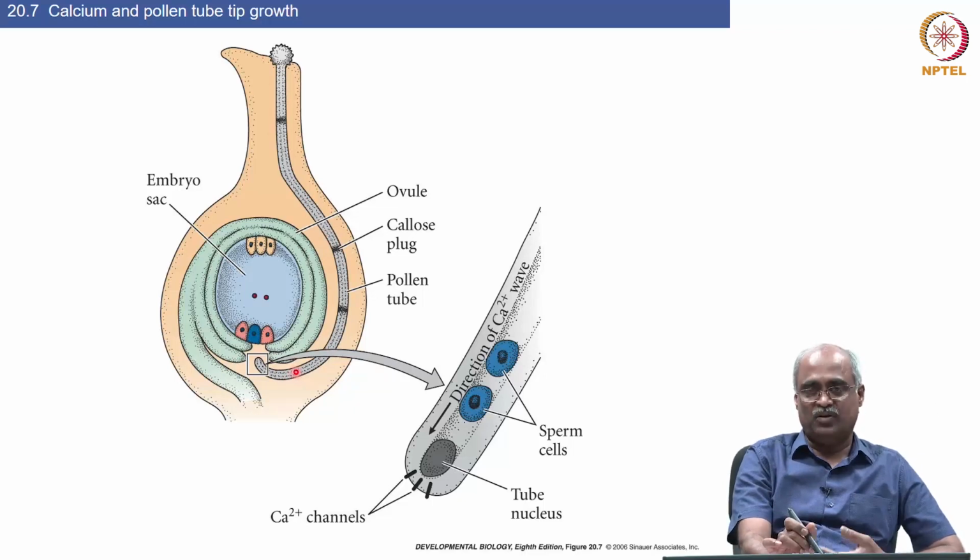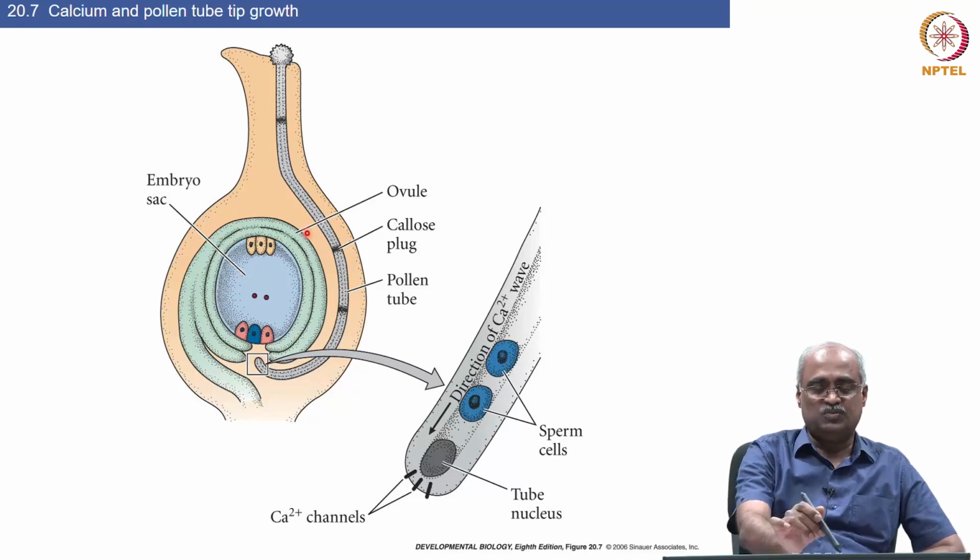Experiments have been done where you have a defect in the embryo sac but not in the surrounding sporophytic cells, and still there was a problem in proper pollen grain germination and tube elongation, clearly indicating that the embryo sac does signal the process of tube growth.